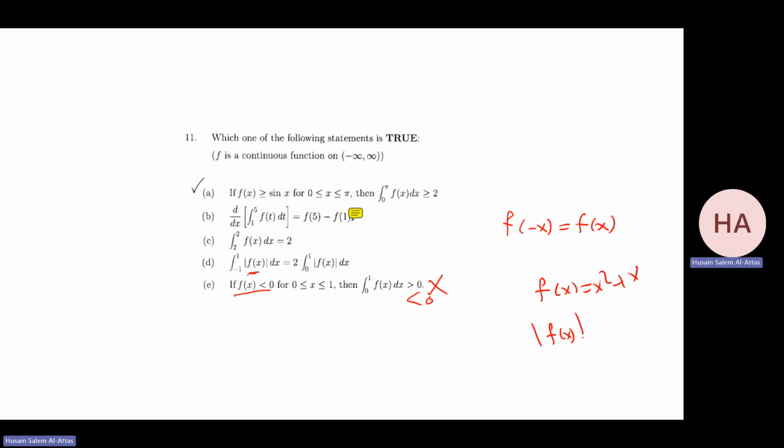The absolute value of x is not even. Let me say g of x. This is not even, since g of minus x will be the absolute value of what? x squared minus x, which is not the same as g of x. Okay, so this is wrong.